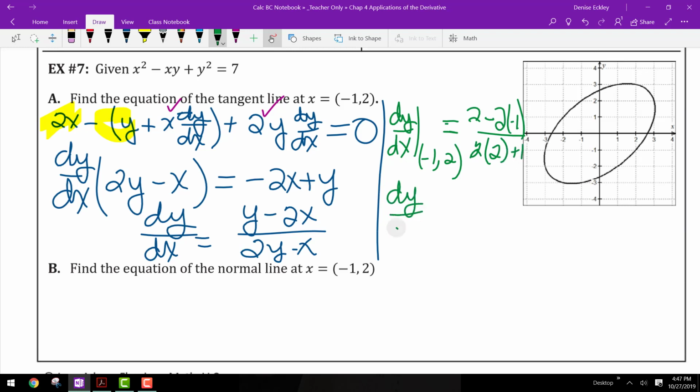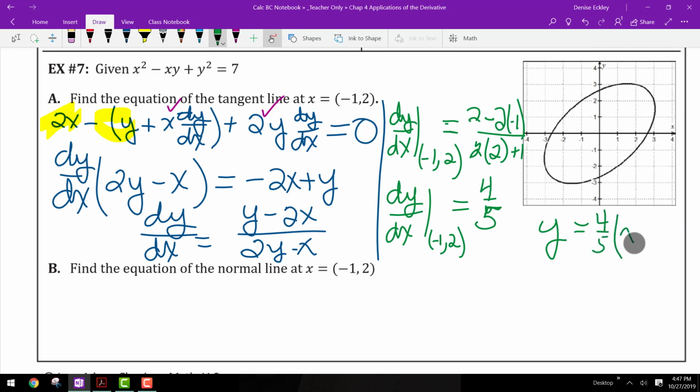So dy dx at the point negative 1, 2 is going to equal 4 over 5. So our equation of our tangent line is going to be 4/5 times x plus 1 plus 2.